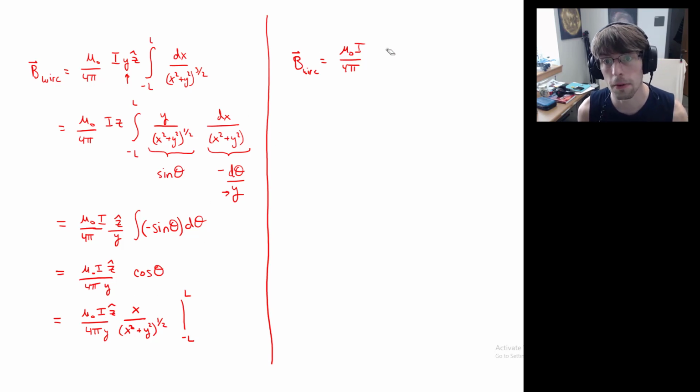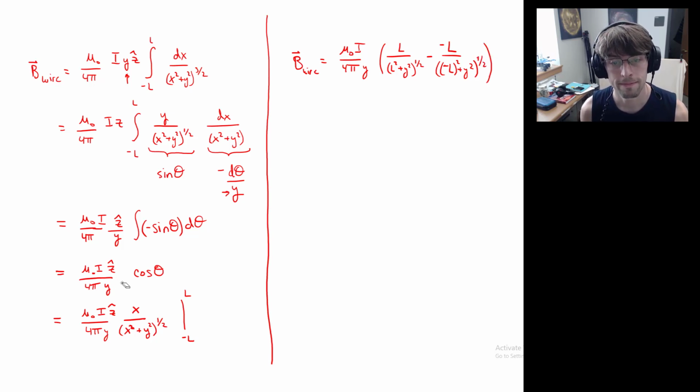Well, evaluating at the upper limit gives us something like L over L squared plus y squared to the 1/2 minus a negative L over negative L squared plus y squared to the 1/2. You see the negative, negative, that gives me a positive.